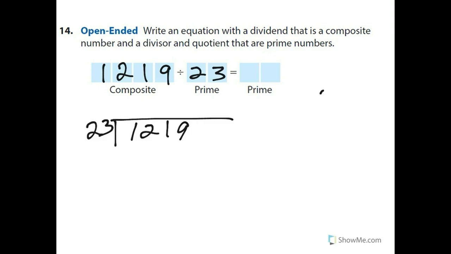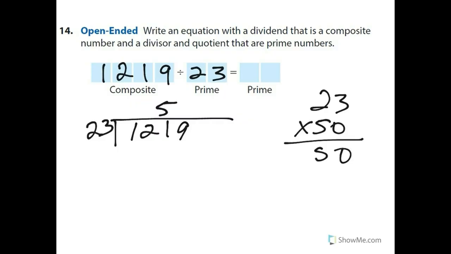Alright, so I'm going to do 23 times, is it 50 or 500? 50. So times 50. 0, 5 times 3 is 15. Carry my 1, 5 times 2 is 10, plus 1 is 11. So 1,150.